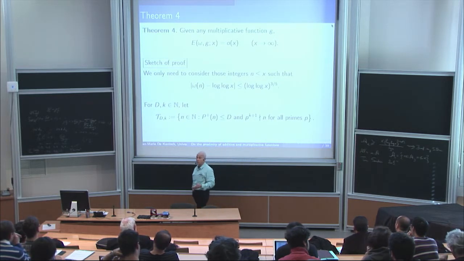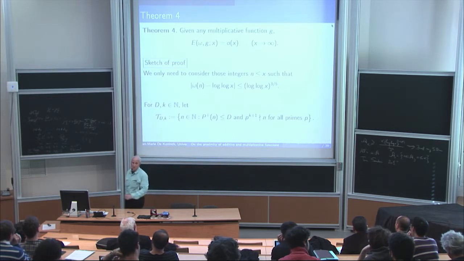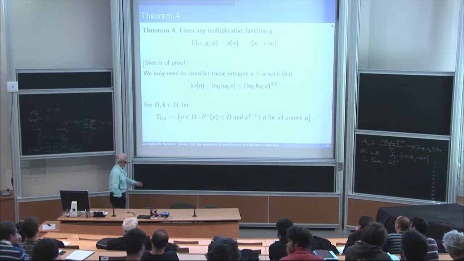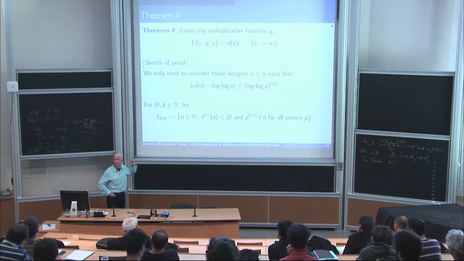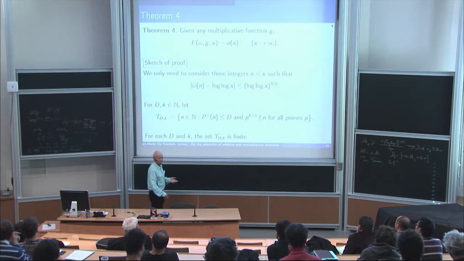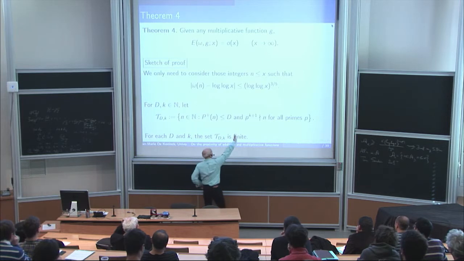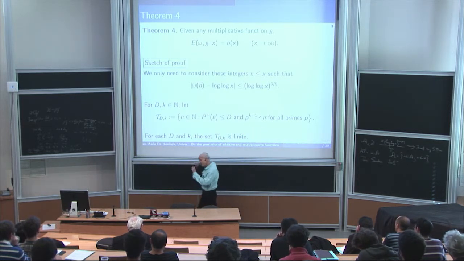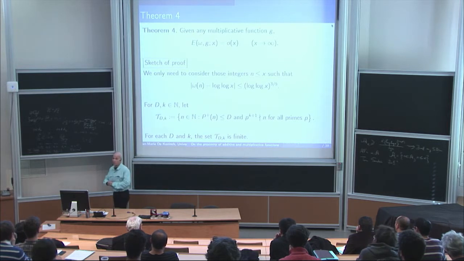So if k equals 1, I don't want any squares. I just want square-free numbers. If k equals 2, I don't want cubes, and so forth. The interesting thing about this set is that it's finite, because if I didn't have this last condition, it would be infinite. But since I add this last condition, it is finite, so it's more maneuverable.